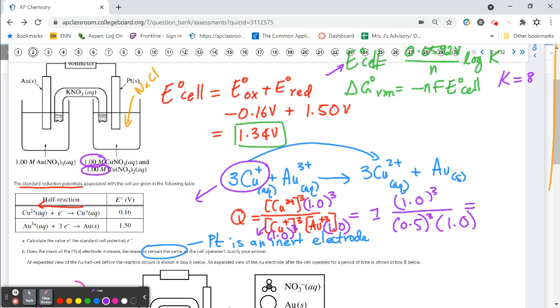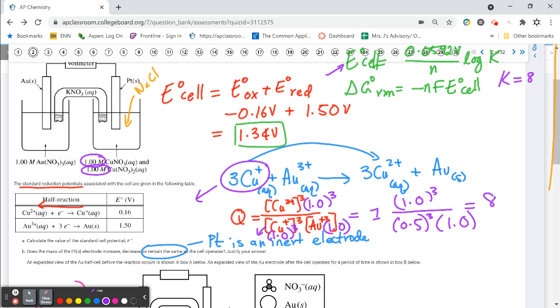If you calculate this out, 1 cubed over 0.5 cubed times 1, that's 8. So your Q used to be 1, and if you reduce the concentration of copper 1 ions, your Q increases, and if your Q increases, you get closer to your equilibrium constant.